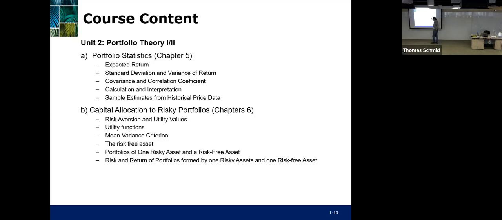Where we probably go a little bit beyond the basic statistics is when we think about how can we actually calculate those numbers in reality. Okay? Mathematically, it's not difficult to define a standard deviation. But if I ask you to calculate the standard deviation of the returns of the, I don't know, Microsoft stock, you have to make some decisions.